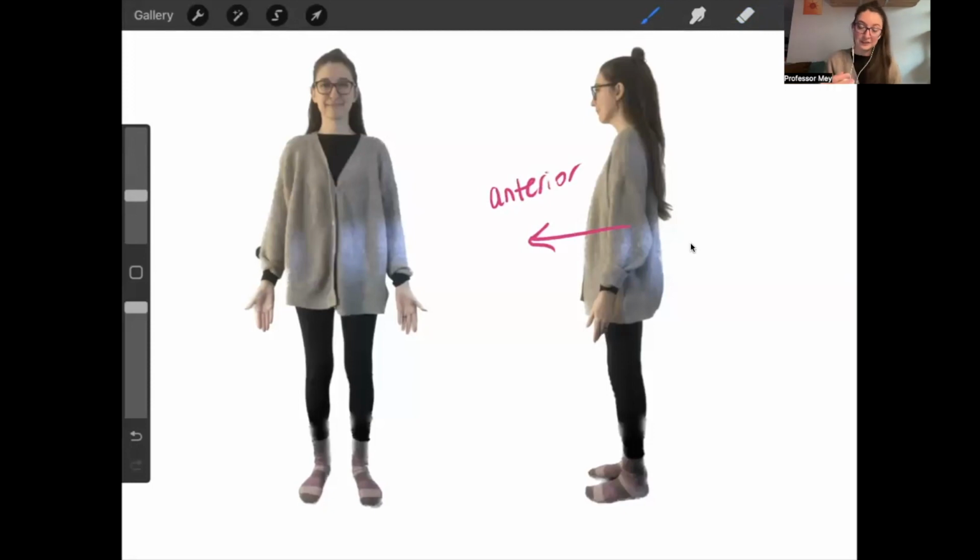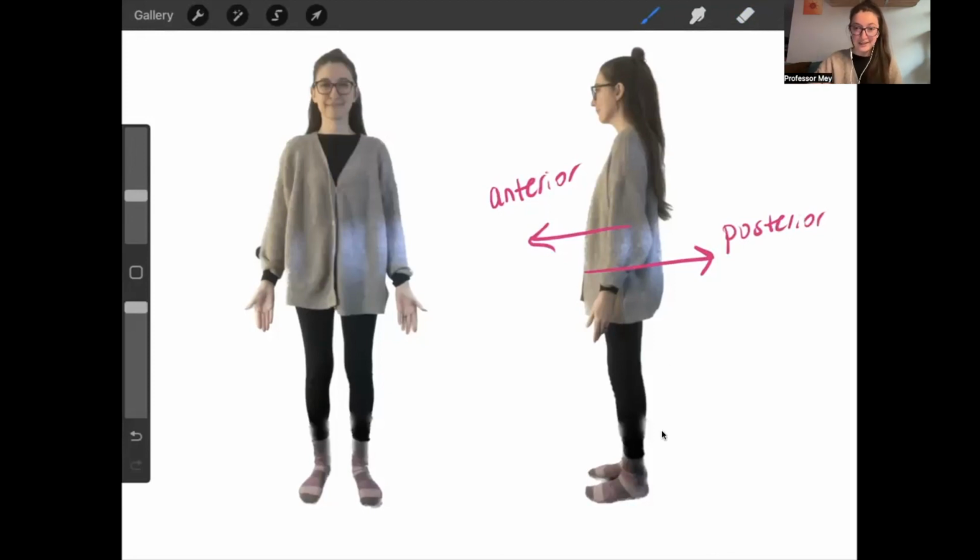Again, this is a relative term. So my stomach is anterior relative to my butt. My butt is actually toward the back of my body, or posterior. A good way to remember this is thinking about your butt, your posterior end. So anything that is towards the back of the body or towards your butt is posterior to something else. In other words, your butt is posterior to your stomach.